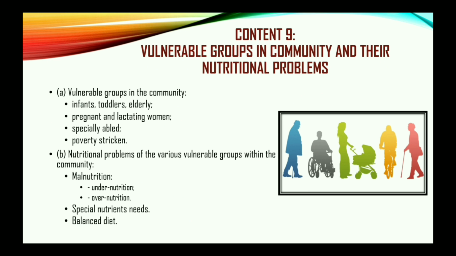So, for example, protein is very important at this age to prevent even certain deficiency diseases such as kwashiorkor or marasmus, or a combination of two, which is marasmic kwashiorkor, right? So it is very important for us to understand these vulnerable groups, even the elderly.